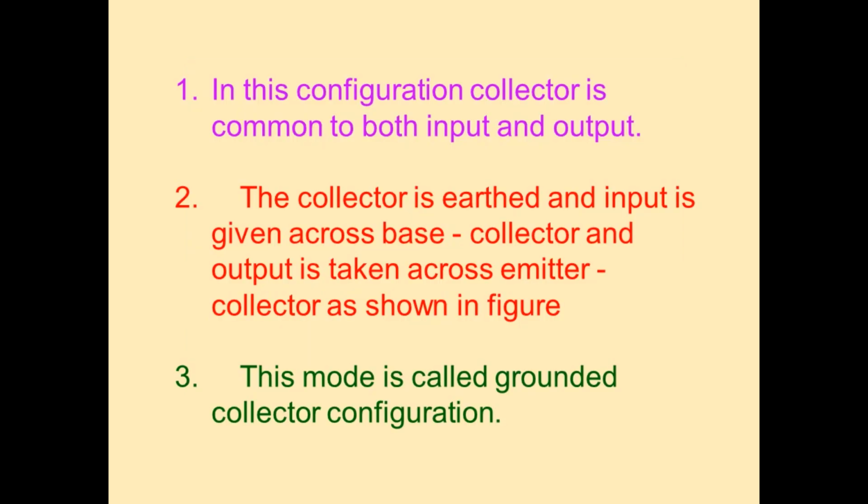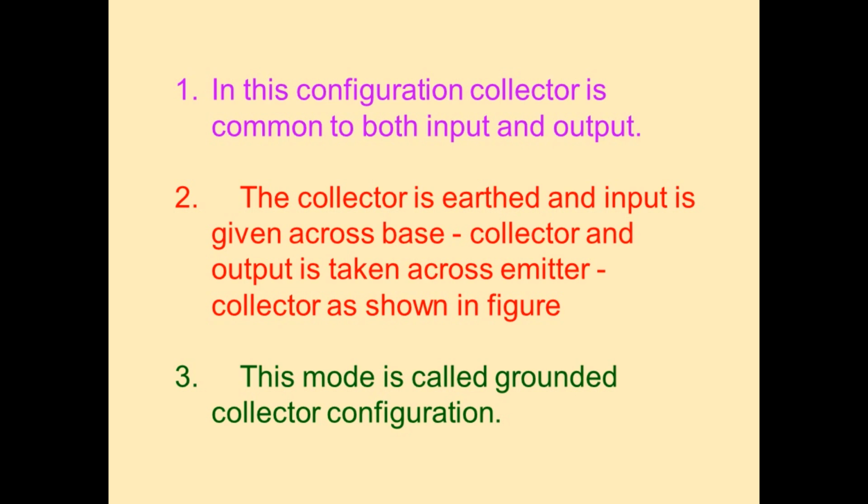So in the case of common collector configuration, collector is common to both input and output. So collector is earthed and input is measured across base and collector, output is measured across emitter and collector. So common collector configuration is also named as grounded collector configuration.